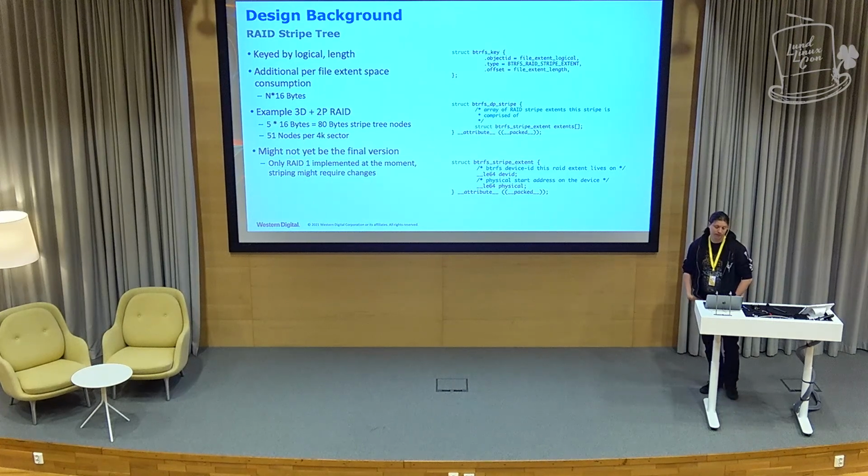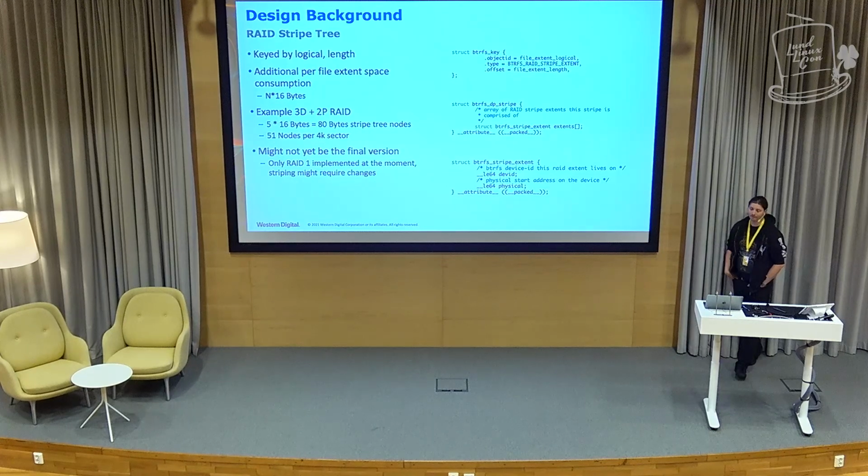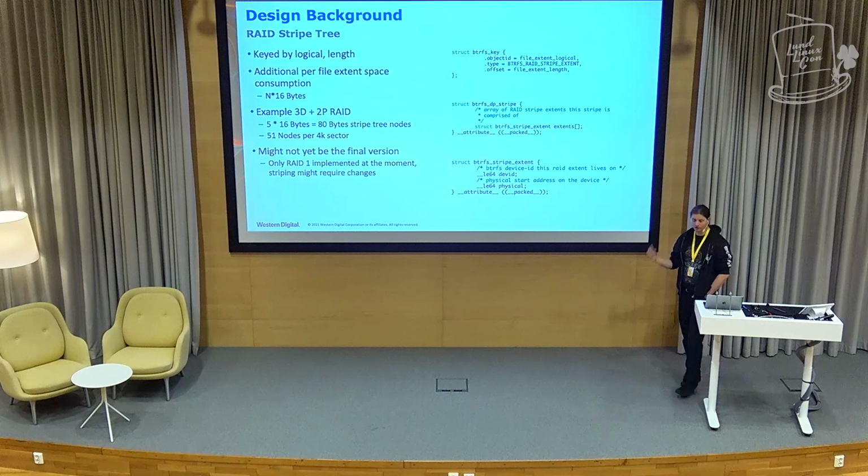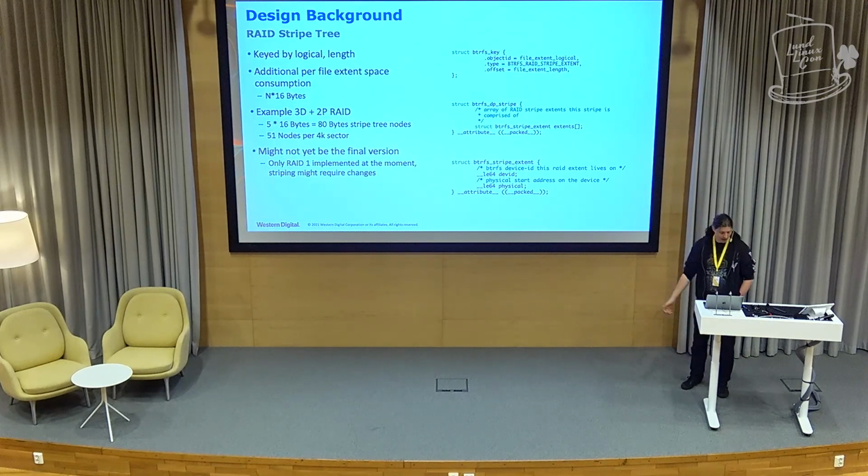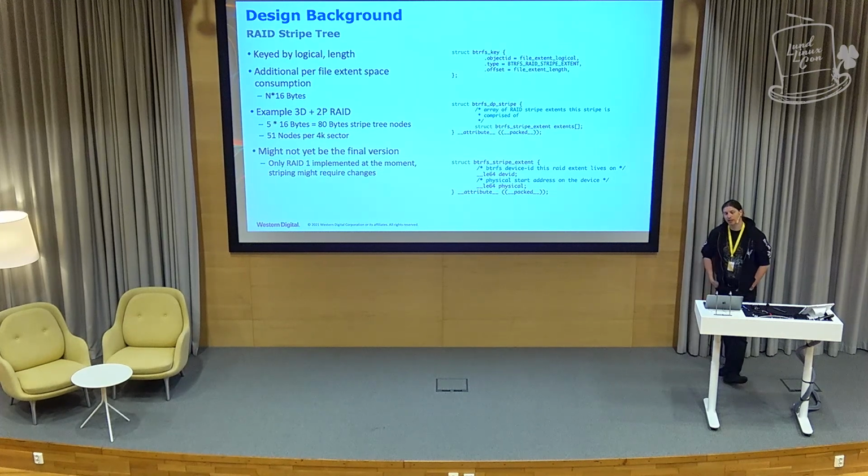metadata representation. So we are keying the B-tree entries by the logical length tuple of the file extent, which means we have an extra metadata consumption of 16 bytes per disk in the RAID set.